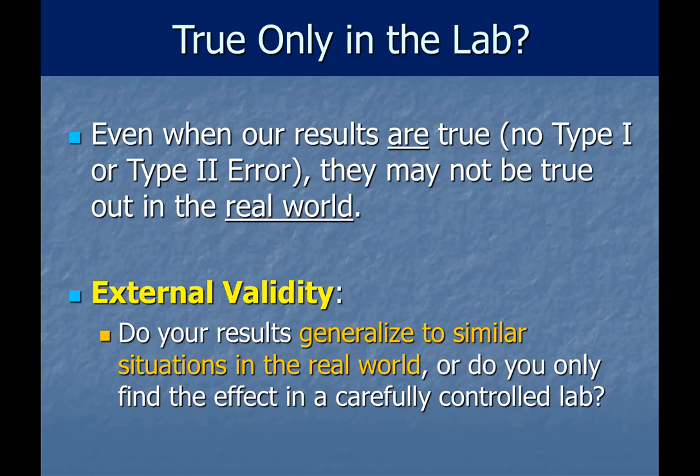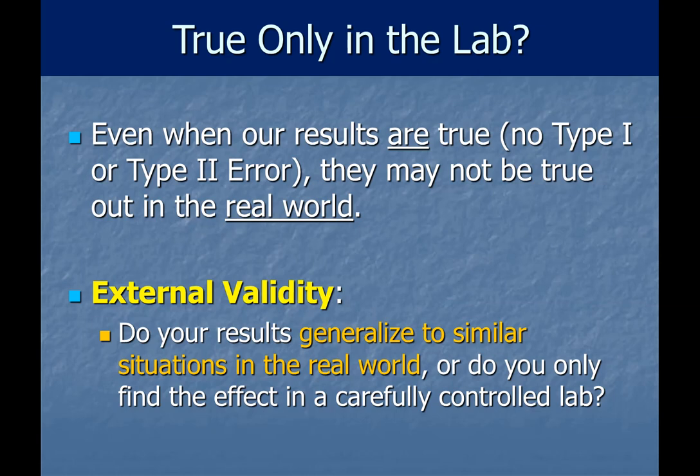External validity is more the question of, do the results you found in your study really generalize to similar situations in the real world? So this isn't as much about statistical generalization, right? That's just inferential statistics. We already do inferential statistics to test whether our sample statistically represents the general population, but this is more about the circumstances or the setting in which you tested those variables, like in a laboratory or in a controlled setting.